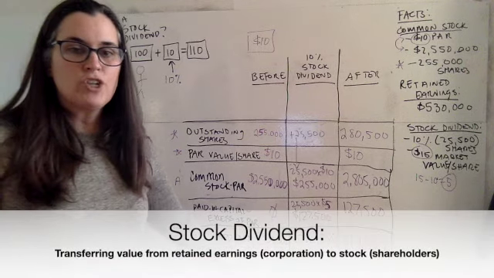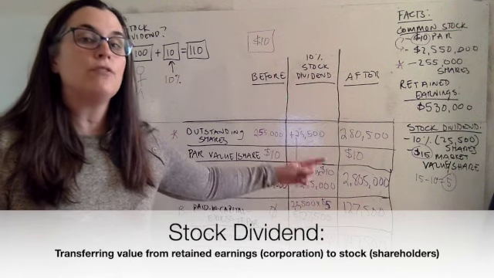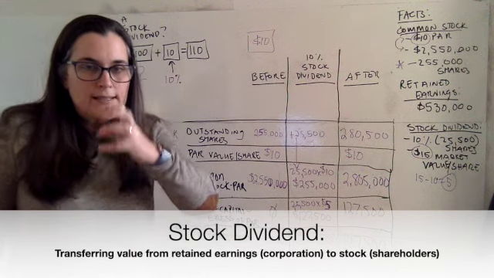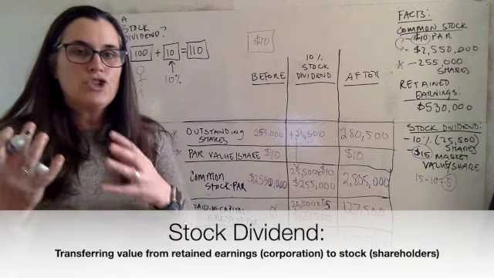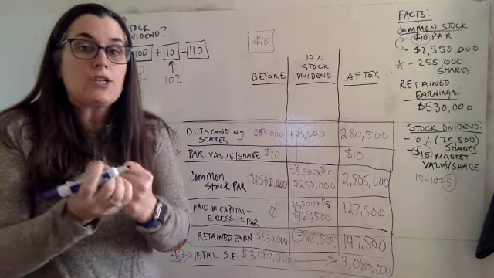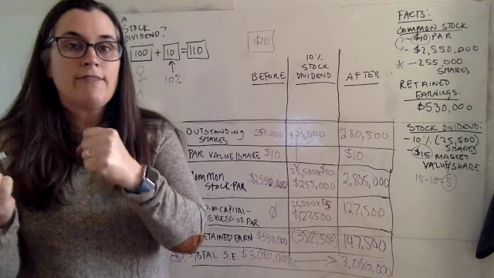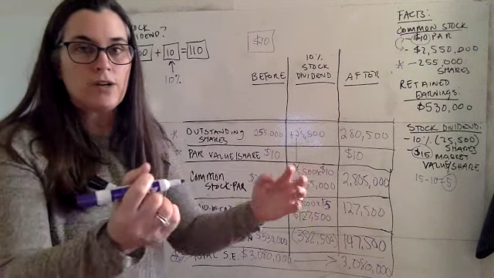And it's because we've shifted value out of retained earnings into the hands of shareholders in the form of stock. That's the big picture here: a stock dividend is taking value that the company actually has on its books in its retained earnings account, and transferring that value from retained earnings into stock that is in the hands of shareholders.